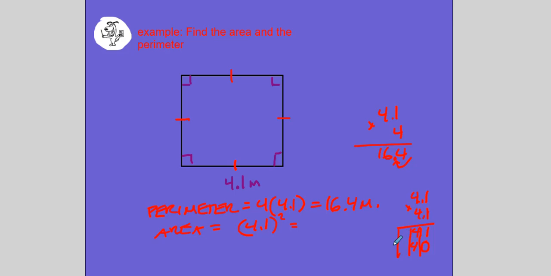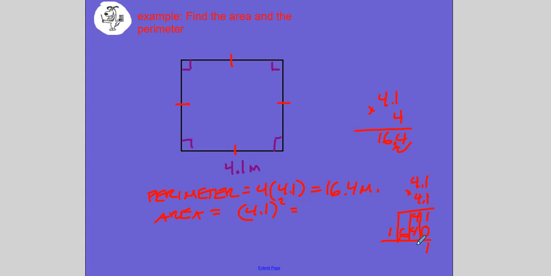And 4 times 4 is 16. So adding that up now, I have 1, 8, 6, 1. I have 2 places behind decimal points, so I move the decimal point 2 places to the left, and that's 16.81, but that's area, so it's going to be square meters. And this concludes the video.